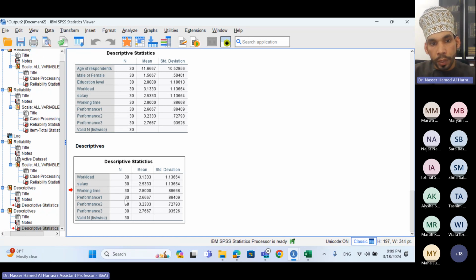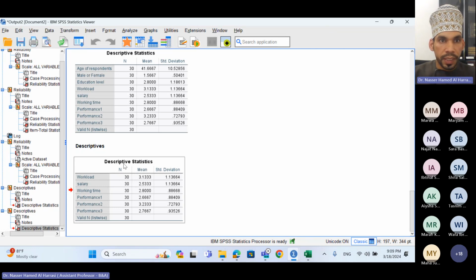I'm going to copy it, transfer it to your study report, and then start describing. The mean of workload is 3.1 and the standard deviation 1.1. Then the salary, the mean is 2.5 and the standard deviation 1.1, and so on. So you put the table, then you write a paragraph describing that table.